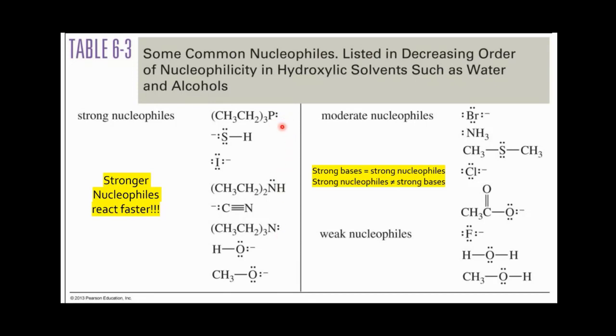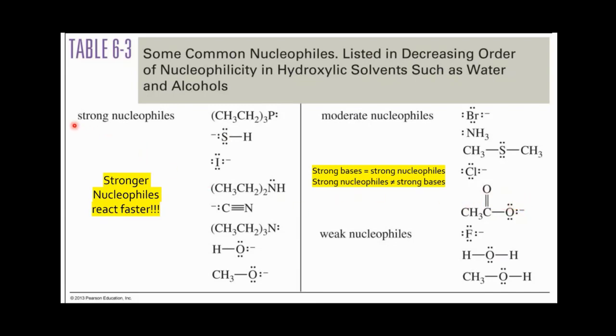You can see here that the strong ones are usually molecules that have a negative charge already, and the weak ones are more stable, such as this one right here. This is moderate, but because we have resonance with this carbonyl, the negative charge is stable.